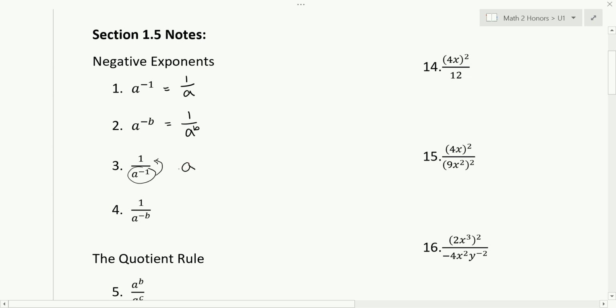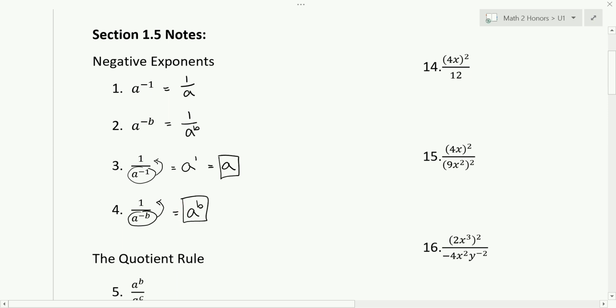So this would be a to the positive 1, which is just a. Or same idea with b. You can move this to the top part of the fraction and get a to the power of b.